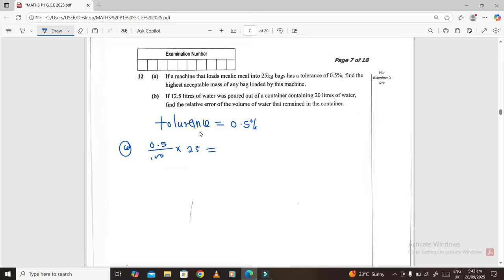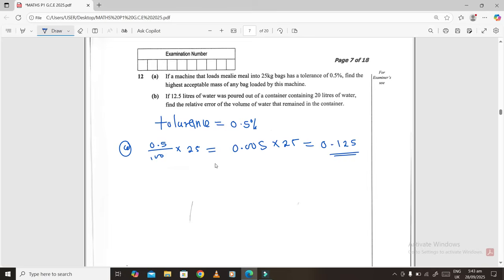When we work it out, 0.5 divided by 100 will give us 0.05, and then times 25 kg gives us 0.125.